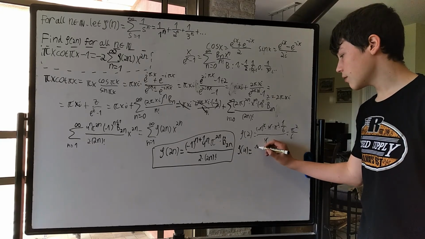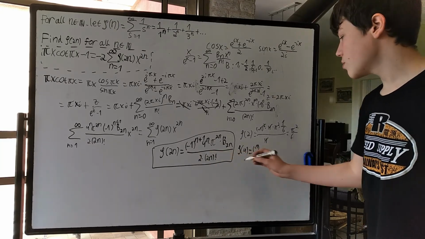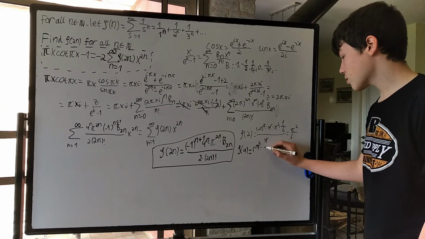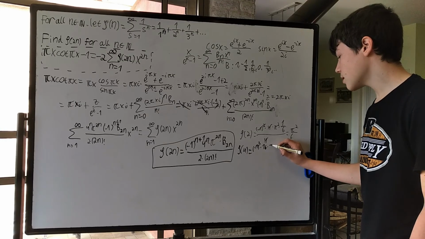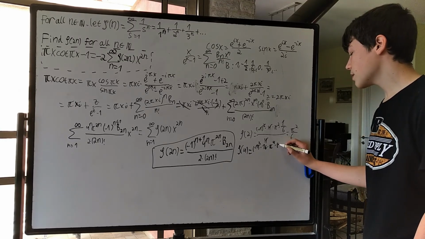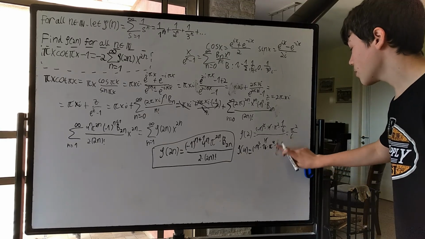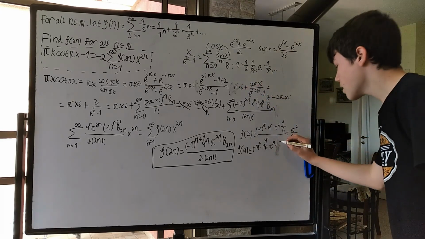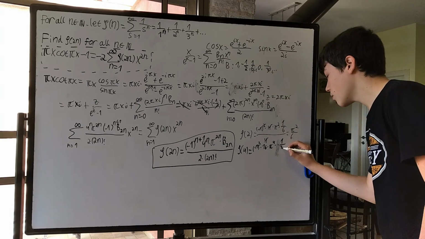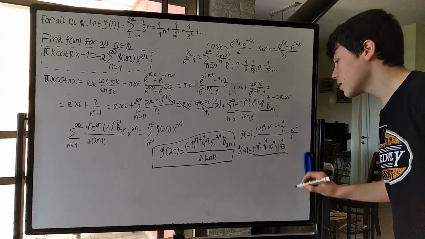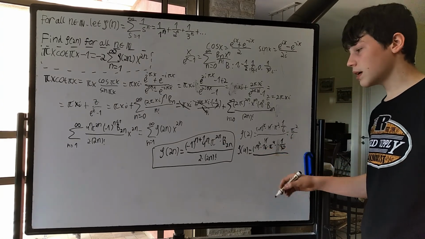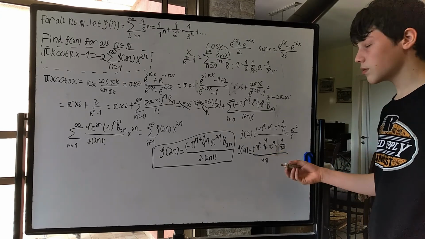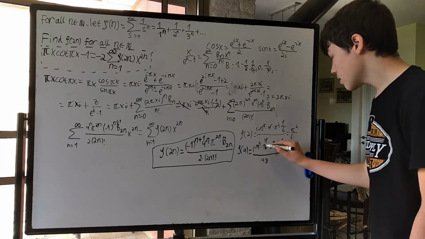We have negative 1 to the power of 2 plus 1, which is 3, times 4 squared, which is 16, times pi to the 4th times the 4th Bernoulli number, which is negative 1 over 30, divided by 2 times 4 factorial, which is 48. 4 factorial is 24.